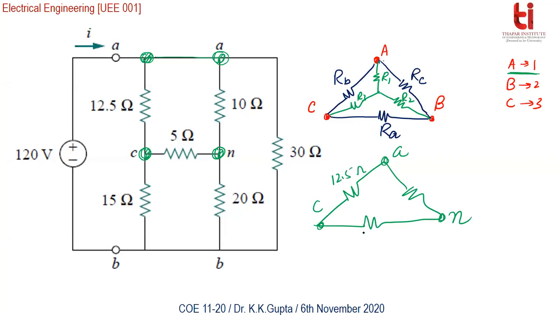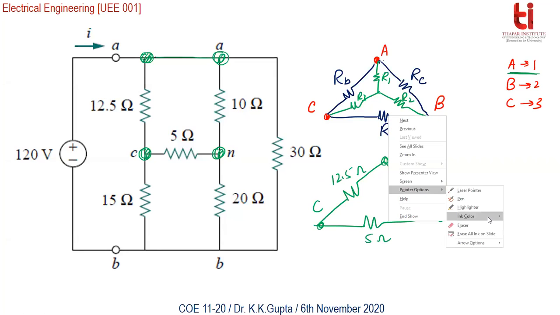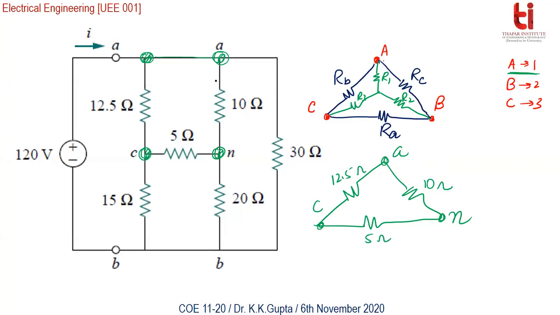This is 12.5 ohms, this is 5 ohms and this is 10 ohms. अगर इस डेल्टा को हम एक स्टार में कन्वर्ट कर लें, let us convert it into a star, तो इट विल लुक लाइक दिस, राइट? तो मैं उसी नेटवर्क को यहां भी बना रहा हूं। सो बिटवीन A, C एंड N, वो इस तरह का एक नेटवर्क बनेगा। तो विल इट मेक थिंग्स इजियर?